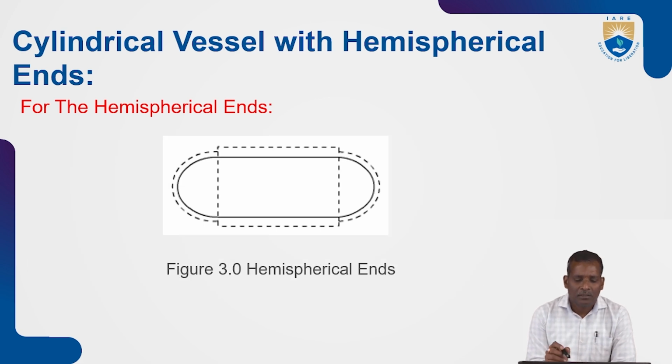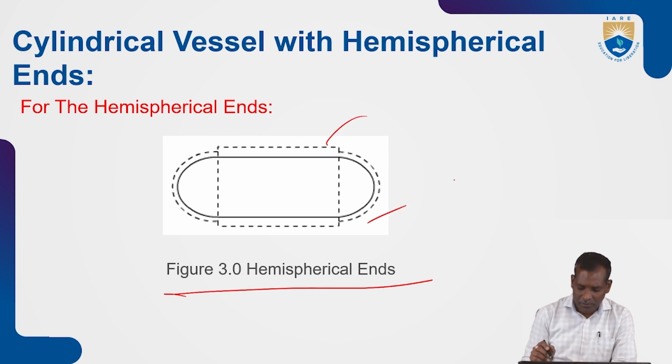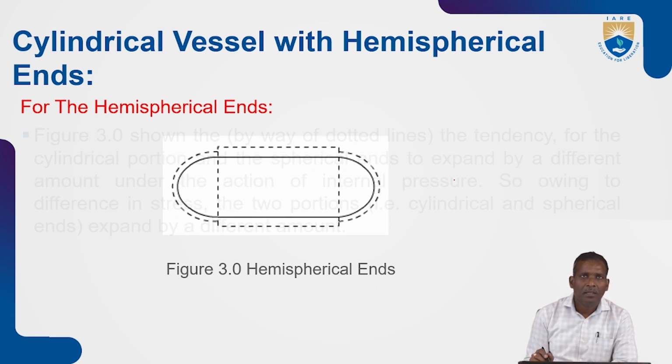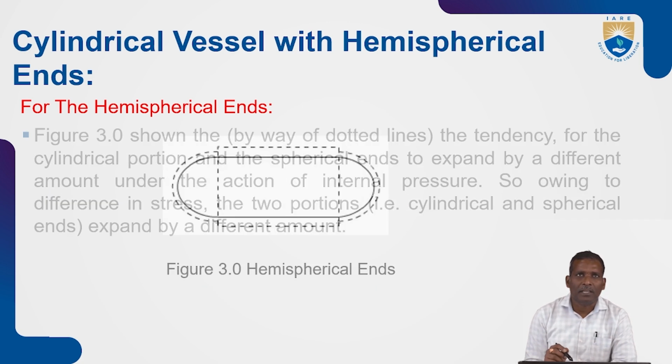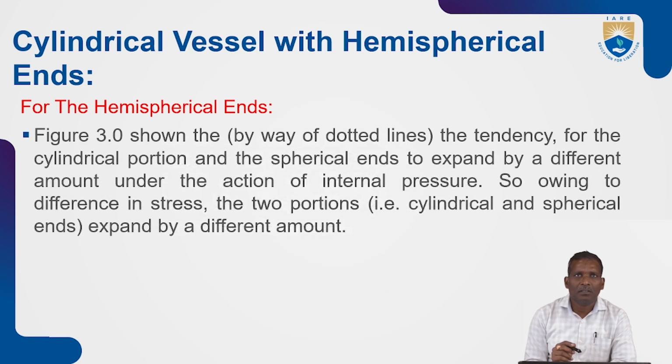See here the hemispherical ends, with the dotted lines shown here. In the figure, the dotted lines show the tendency for the cylindrical portion and the spherical ends to expand by a different amount under the action of internal pressure.